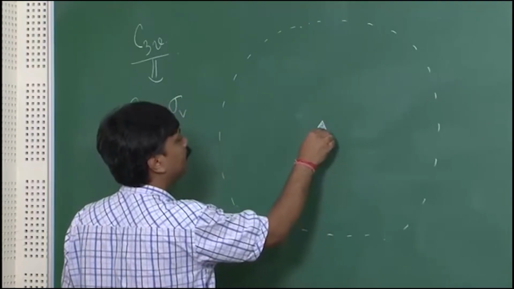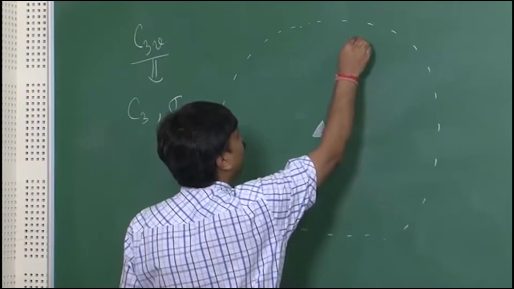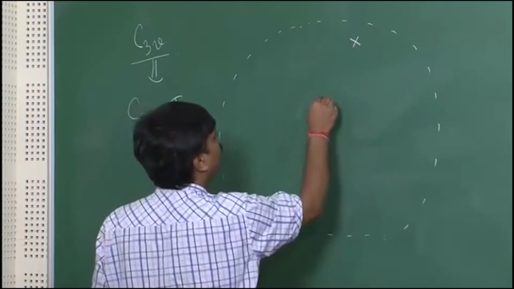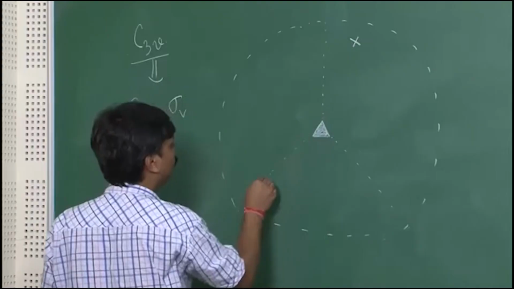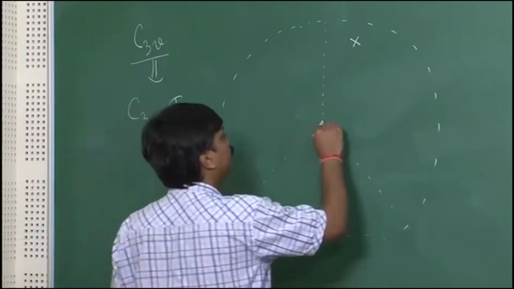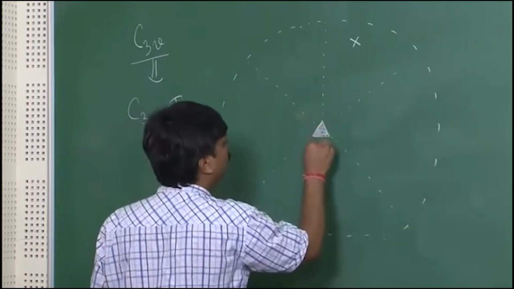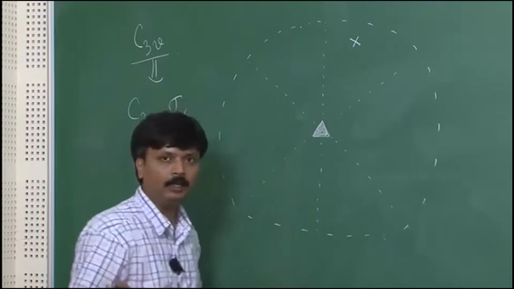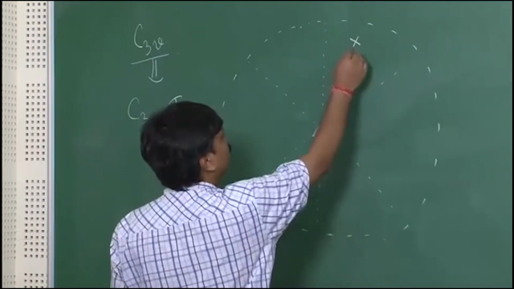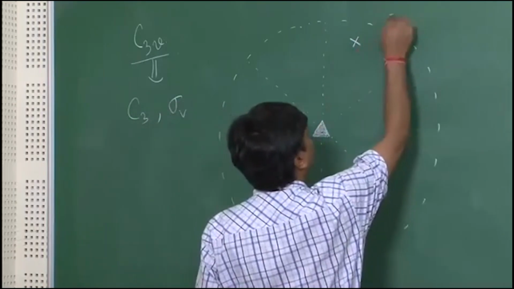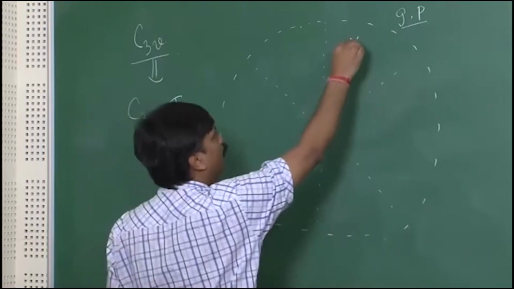All right, this is a solid triangle symbolizing C3, and then let's take any general point here. This is my general point, and for my own understanding I am writing this dashed line. This is just to help myself, it doesn't have any other meaning. C3 means 120 degree rotation. So I have taken this generalized point, any general point on this workspace, and then I will operate C3.